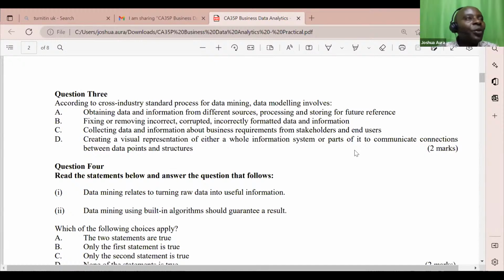The good thing with these multiple choice questions at times, you can also use what we call the elimination technique. And of course, most of these things will become clearer as we go on.